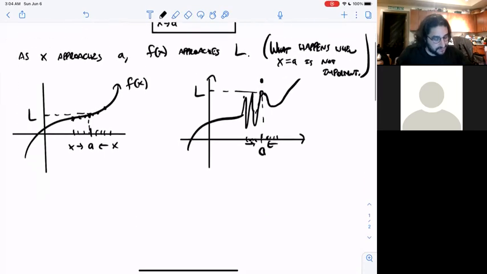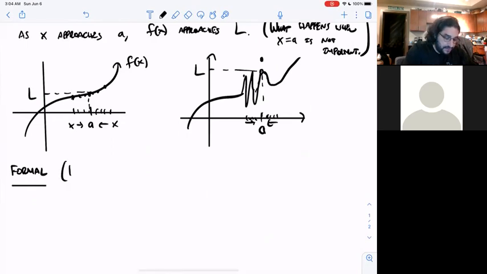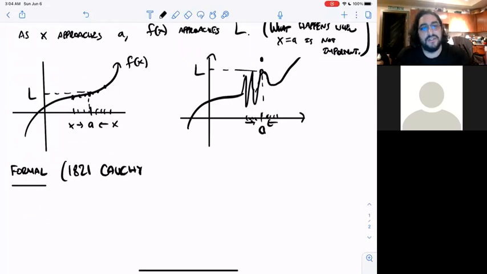It works fine to think of it this way in simple cases. It's also important to have a more formal definition, especially for strange cases where it's maybe not so clear. So this is the formal definition, taken basically from the work of Cauchy in 1821.